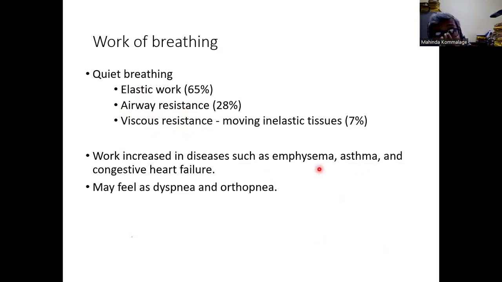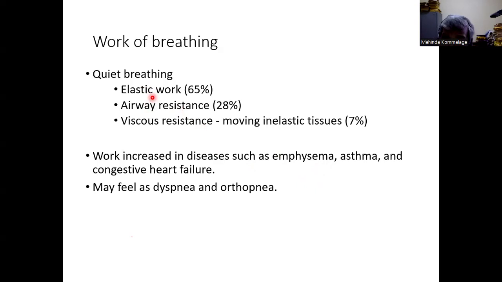In emphysema, as I mentioned earlier, the lung structure is damaged, so it is difficult to empty the lung. Elastic recoil is low and compliance is high. In lung fibrosis, elastic recoil is high, elastic ability is high, compliance is low.